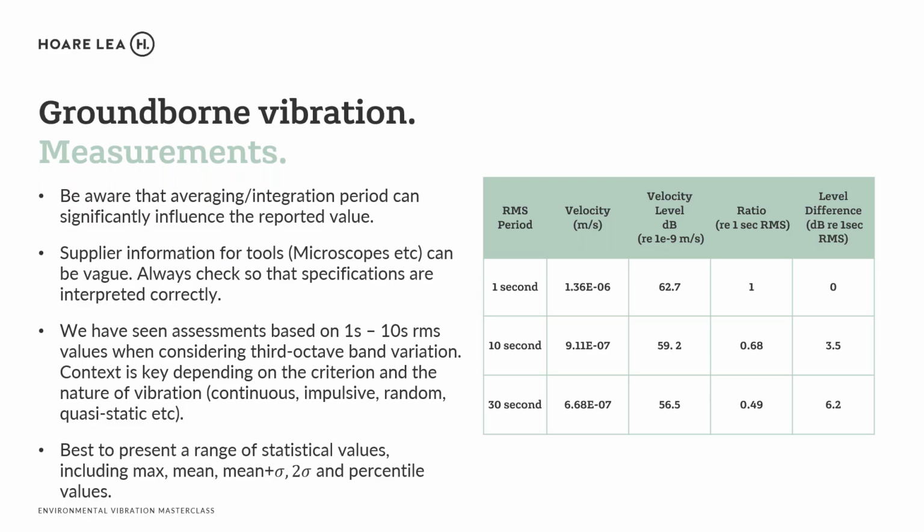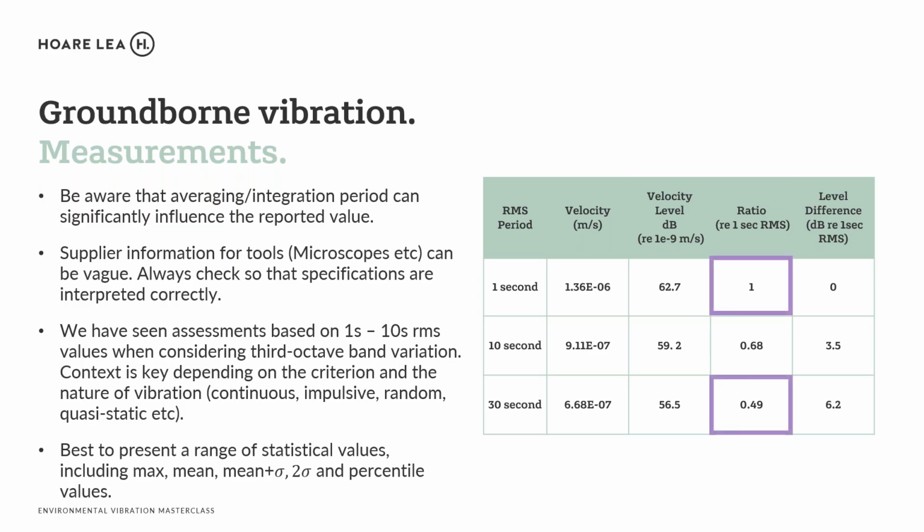So for the 10-second case, if we just divide the linear velocity, meters per second, one over the other, you can see that the 10 seconds is about 70%. The peak at that point between 500 and 600 seconds is about 70% of the 1 second RMS. The 30-second equivalent, however, is about 0.5.